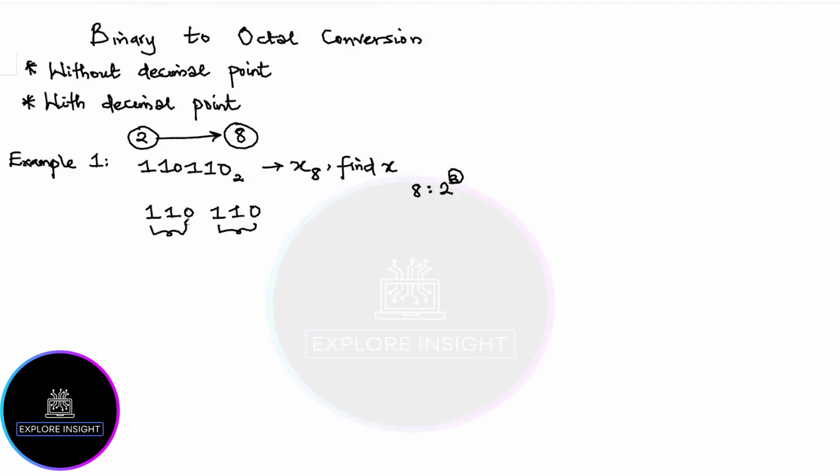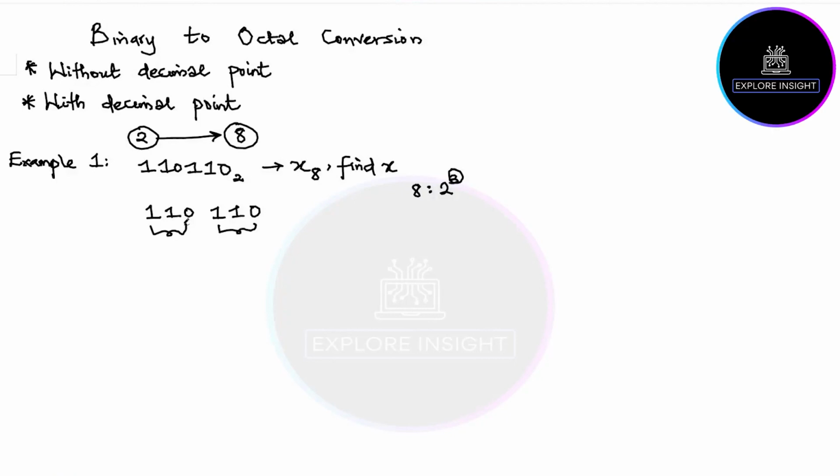Now, the next thing to consider, in my previous video where we did octal to binary, we talked about a table that is this way, where we have the binary 2 raised to power 2, 2 raised to power 1, and 2 raised to power 0. And 2 raised to power 2 is 4, 2 raised to power 1 is 2, and 2 raised to power 0 is 1.